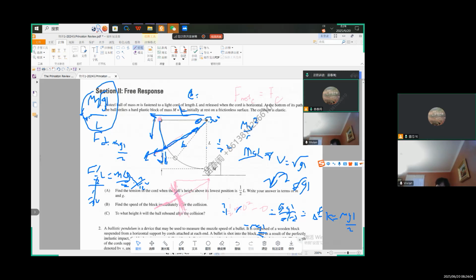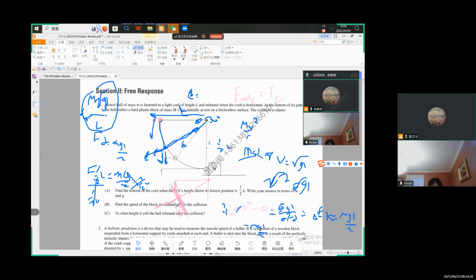Does that make sense? Because this is the tangent line, right? At this point. And perpendicular to that tangent line is the radius, right? So I want to find out this rectangle. Let me get this.